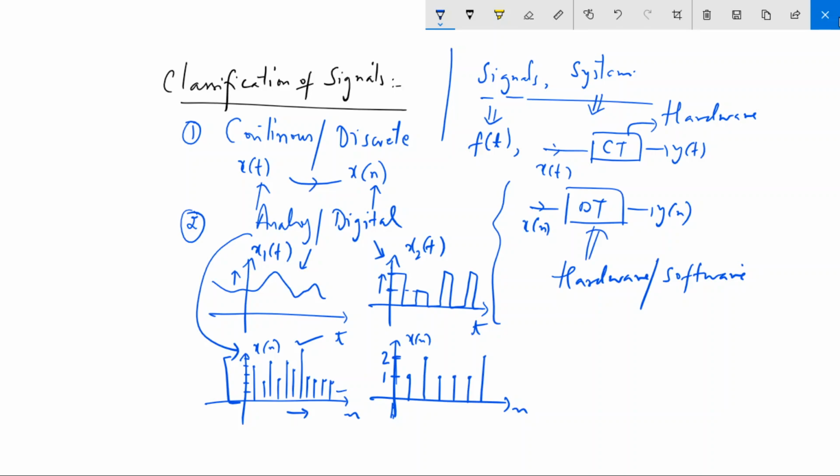Okay, and at any instant of time, this signal amplitude can take only one of those levels. Okay, suppose we have 16 levels. That means if this is 0, this is suppose 15.